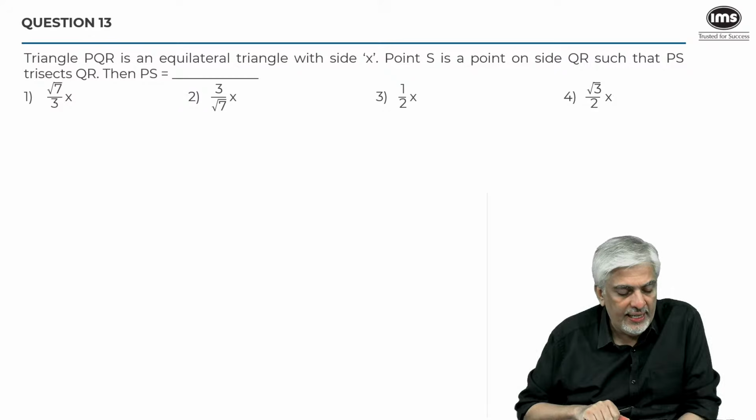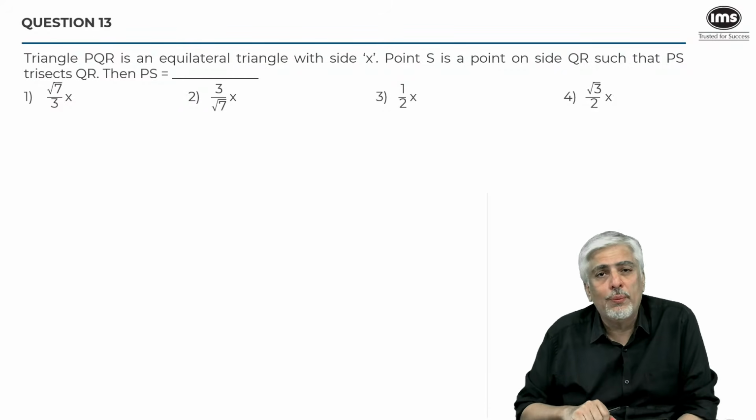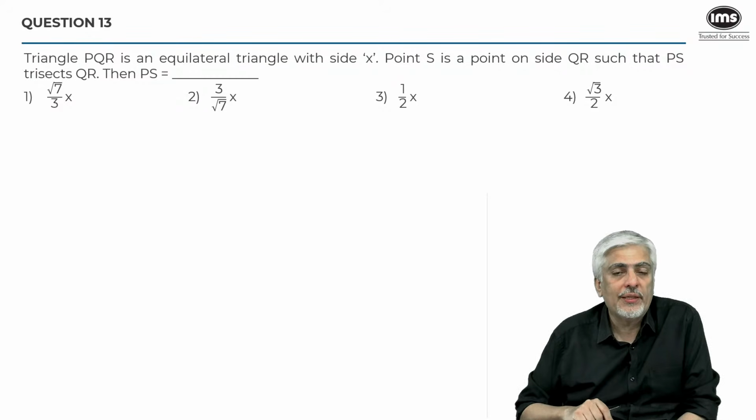Yes, you all can use A is equal to R into S, but that's a slightly longer formula here. Why get into the semi-perimeter part?